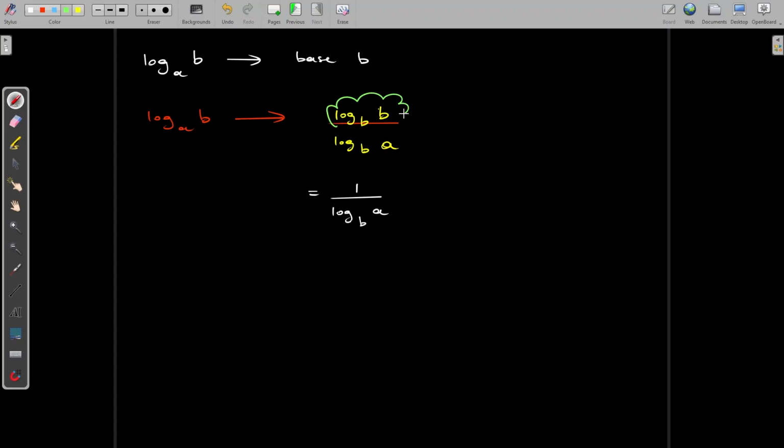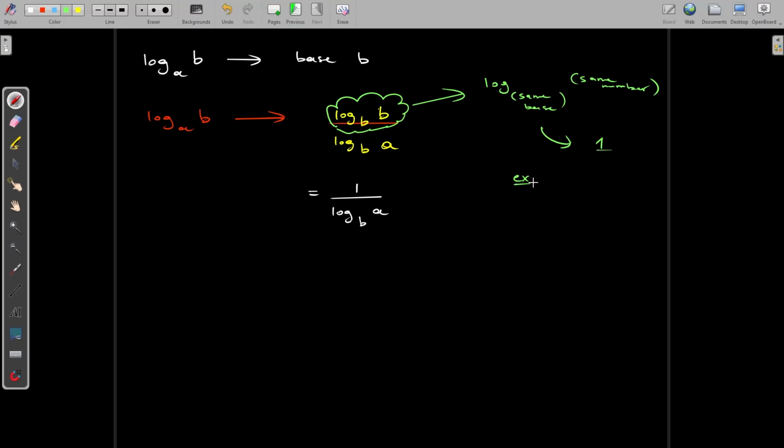For example, this law at the top states that whenever we're taking the log and we have the same base as the number up here, the result is just 1.